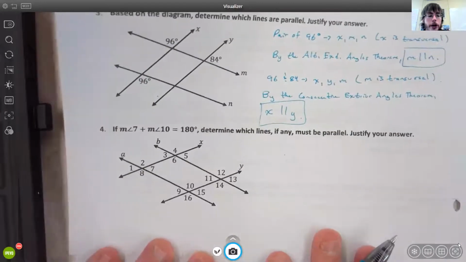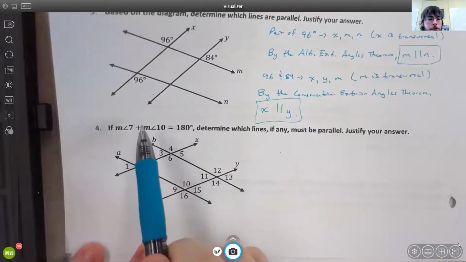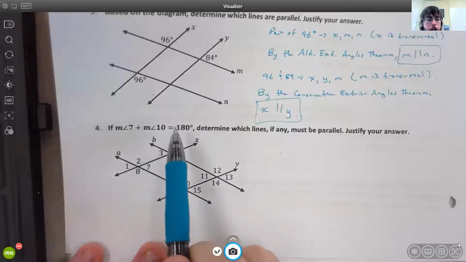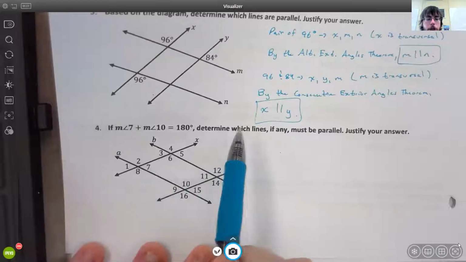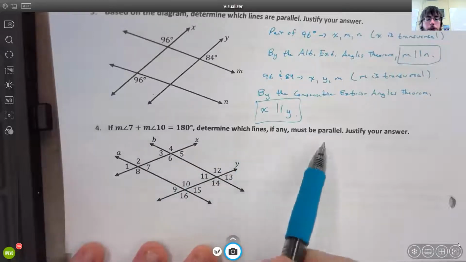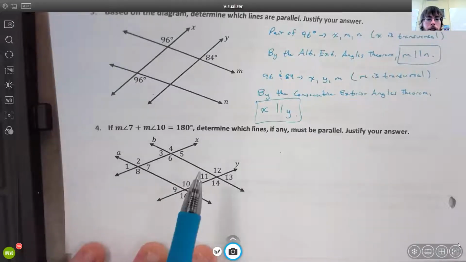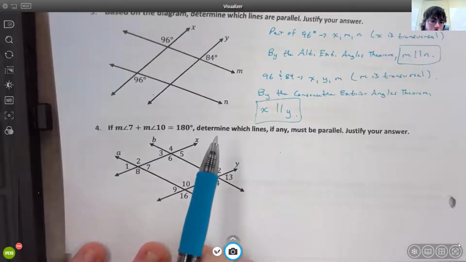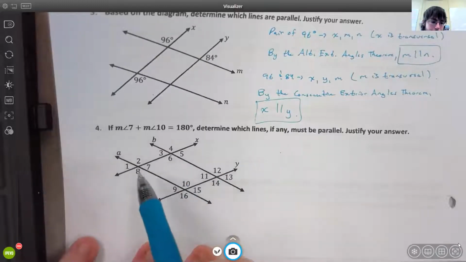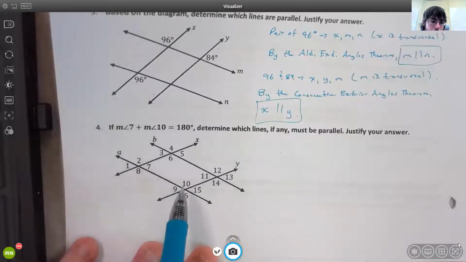All right, number 4. If the measure of angle 7 plus the measure of angle 10 is equal to 180 degrees, determine which lines, if any, must be parallel. Justify your answer. So let's look at angles 7 and 10. 7 is here, 10 is here.